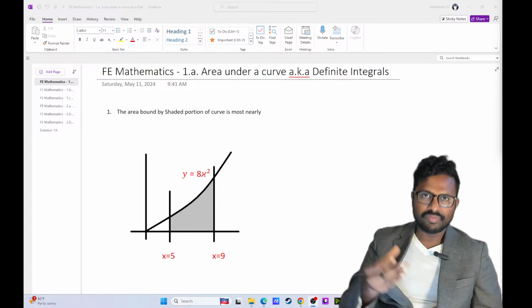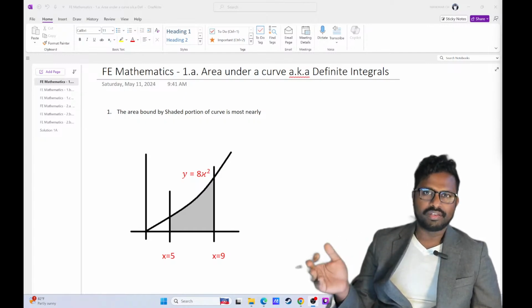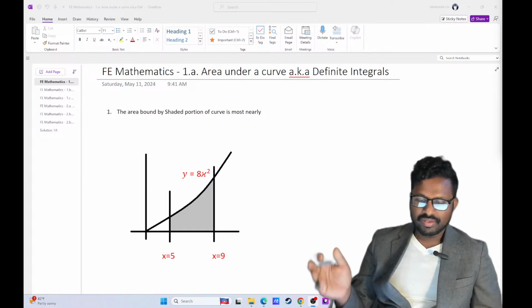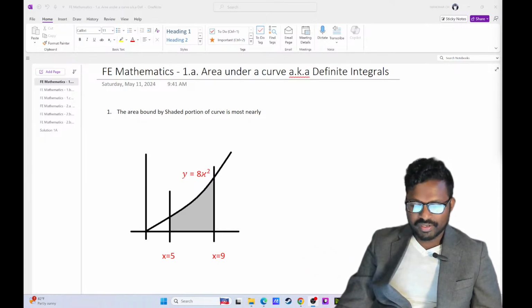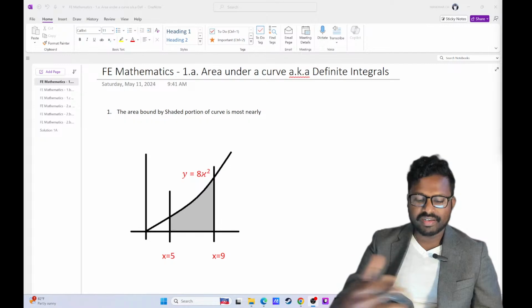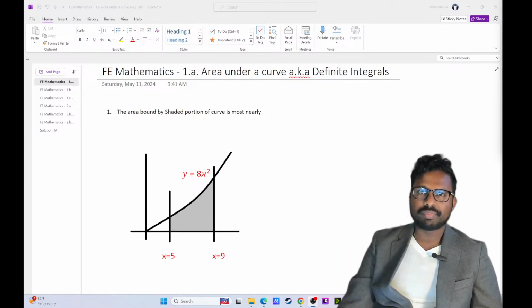So the new equation will be area A is equal to integral of 5 to 9 of 8x square dx. Okay, I went into a little bit more detail this time, but let me reiterate. Usually, if I just tell you to find the indefinite integral, those of you who know how to jump into the indefinite integrals part, just pause the video, go over there, and try to solve it by yourself.